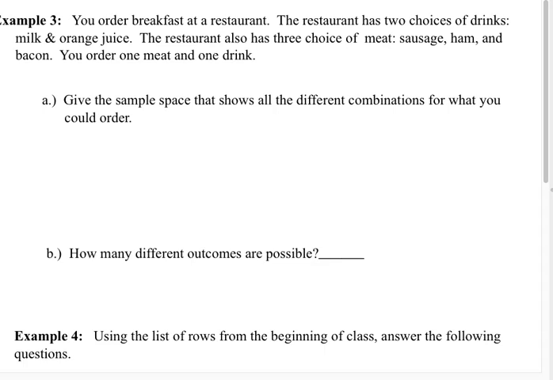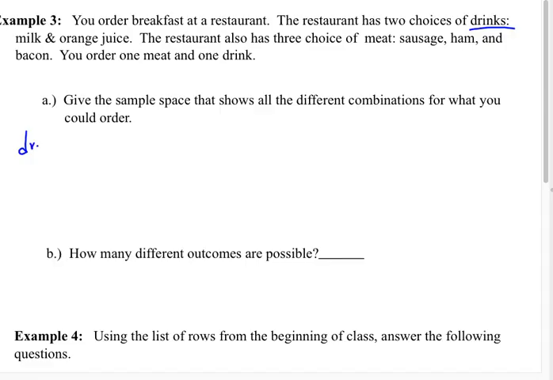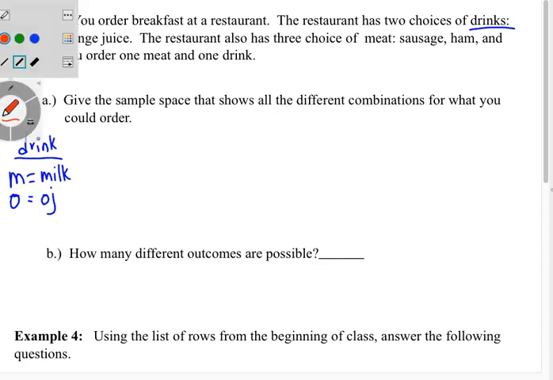Let's say you're going to breakfast at a restaurant and you're going to have a choice of drink and meat. If we do a drink, let's make a list of what those possibilities are. I believe for the drink we can have milk, let's let that be M, or OJ, and let's let that be an O. Then after that, you are apparently on the Atkins diet and need some protein.